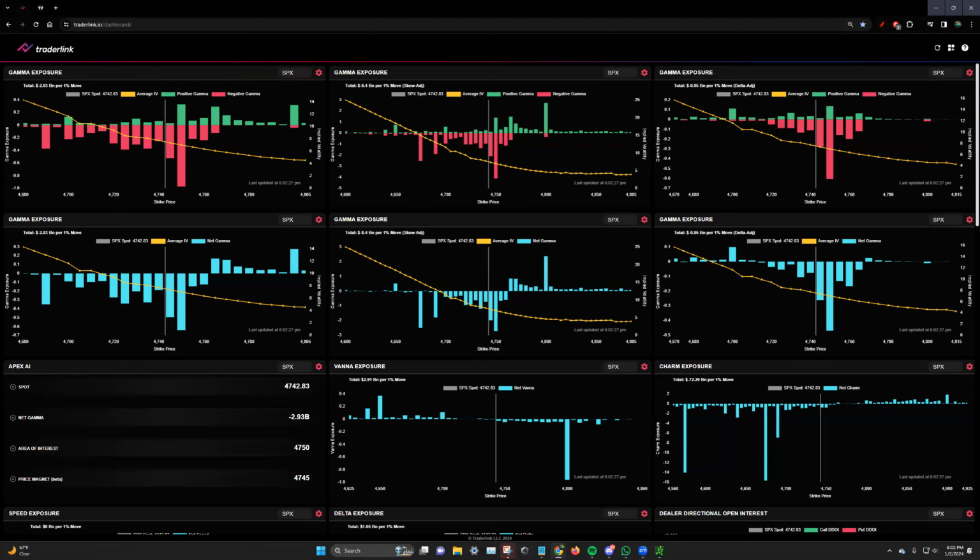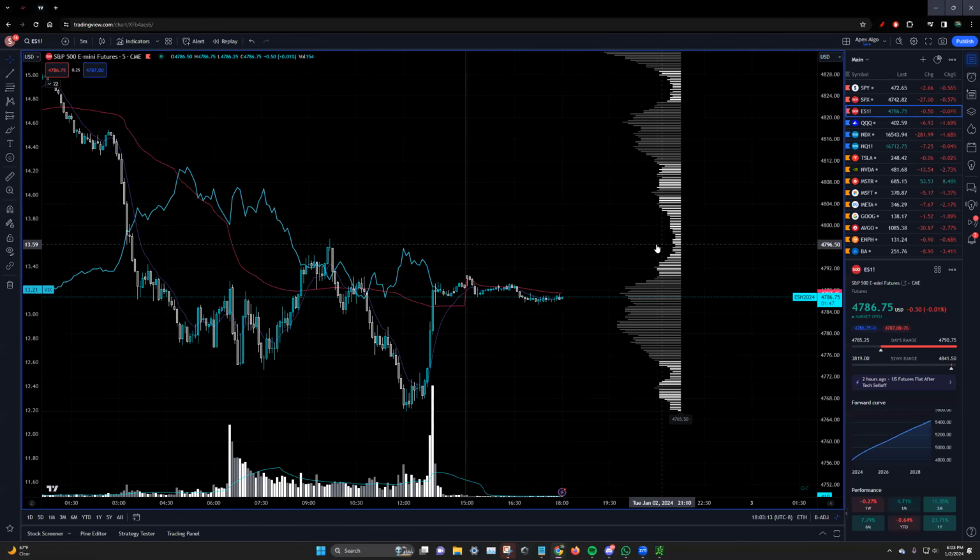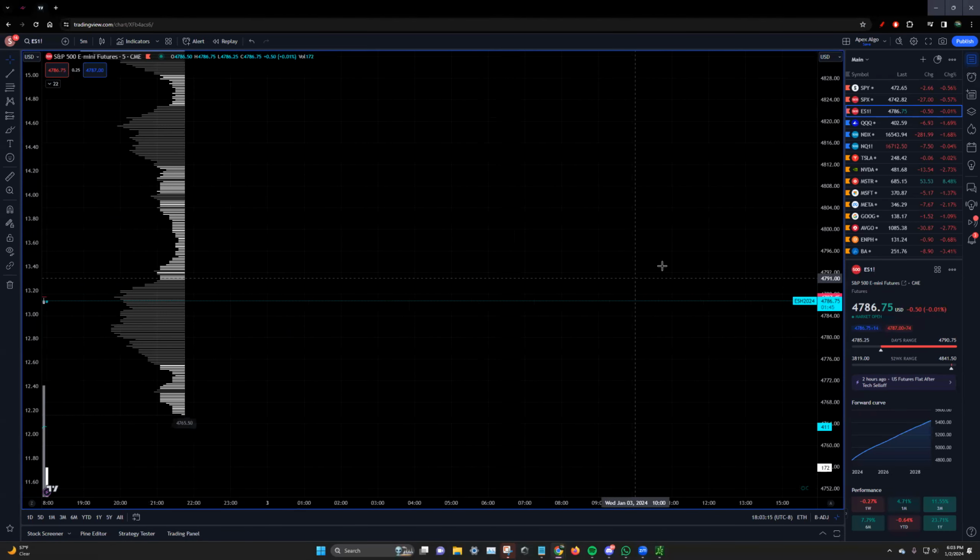So continuing forward, what happens when gamma is positive? What does that mean for the market makers and market dealers?